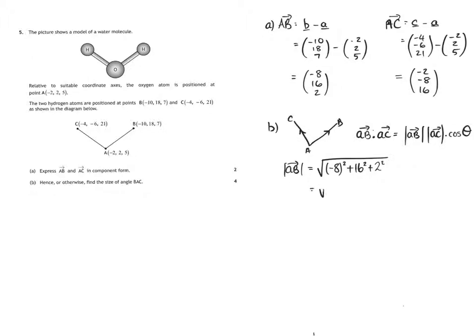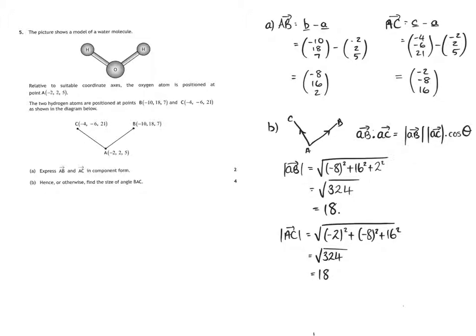Gives me the square root of 324, which is 18. Okay, so then we can find the magnitude of AC, which is the square root of minus 2 squared plus minus 8 squared plus 16 squared. So those numbers are the same. So we're going to get the square root of 324, which is 18.